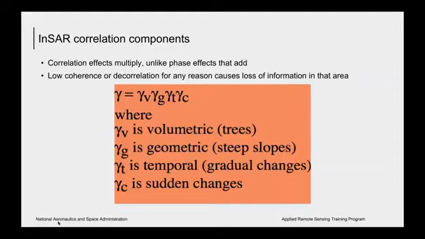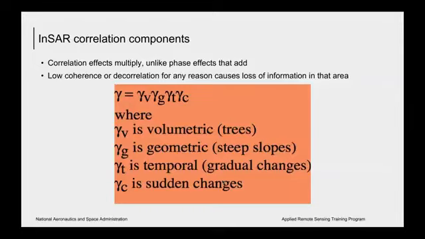Those two effects are added, but correlation effects are multiplied. That means that if any one of these effects is low, then it causes local decorrelation for that area and complete loss of information. So that's a key thing in SAR theory that you'll see in the literature.